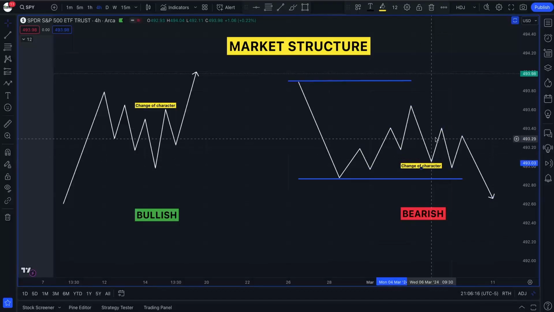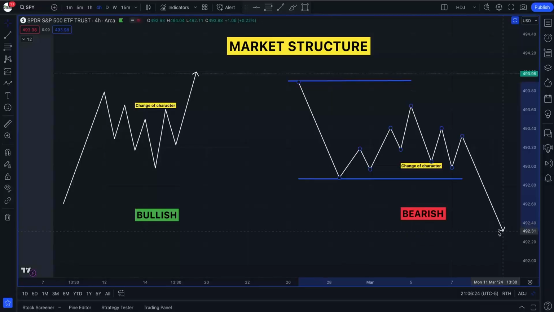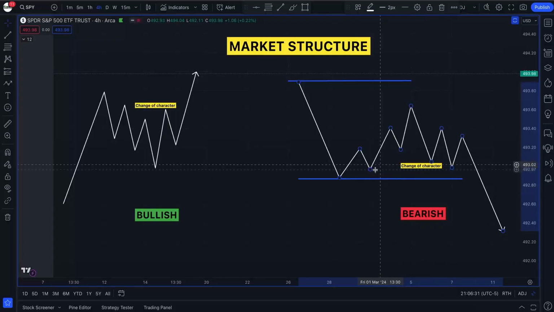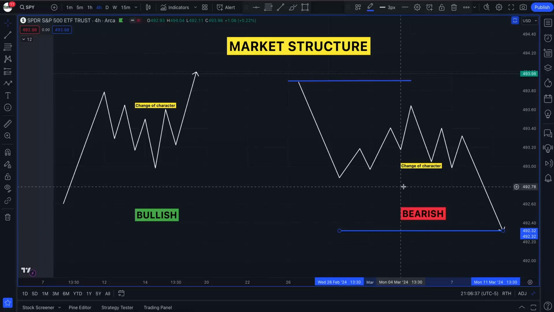Price pulls back up, back down, back up, and then shoots to the bottom. Okay? And when that happens, we have a new low. And where is our new high? If you said here, you're wrong.